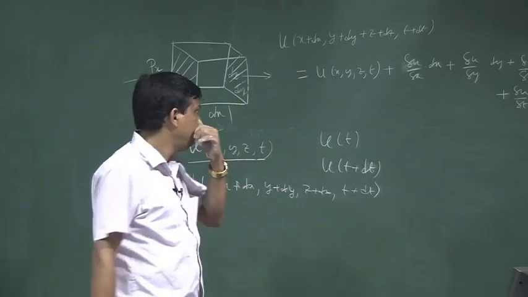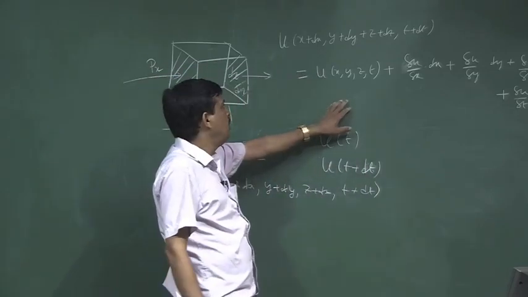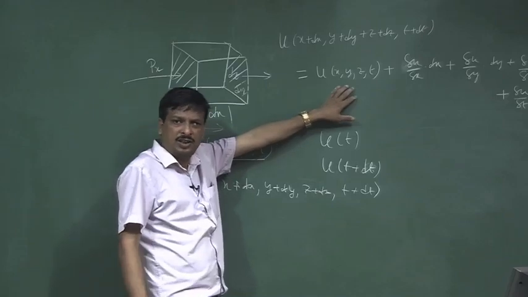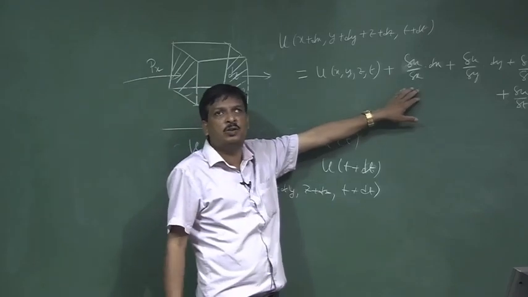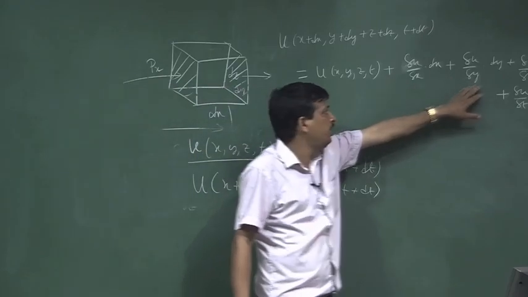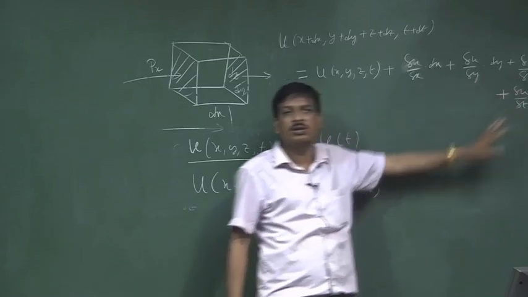So this is the initial velocity plus the change of velocity due to the x direction, the y direction, the z direction and due to time.